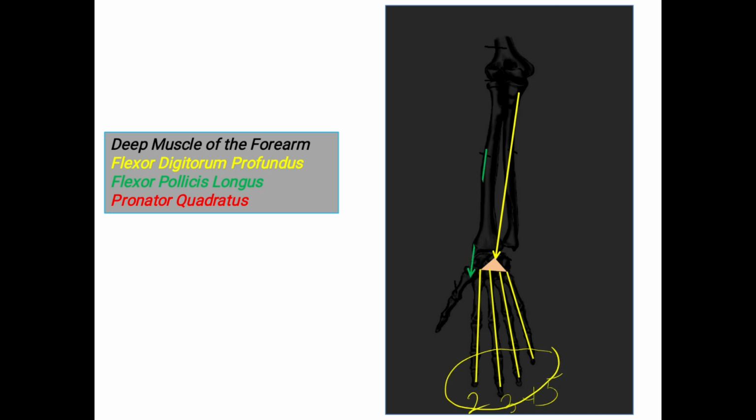Next is your flexor pollicis longus, inserted at the distal phalanx of the thumb, and you have pronator quadratus. So this is the origin and this is the insertion. Okay, so that is your deep muscle of the anterior forearm.